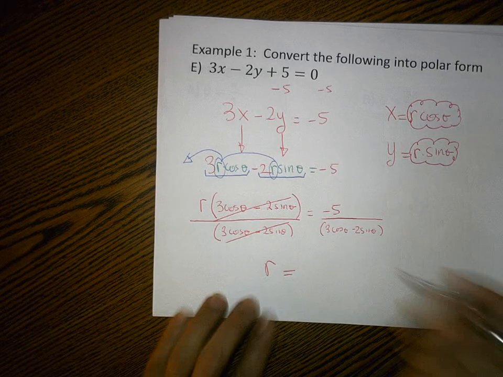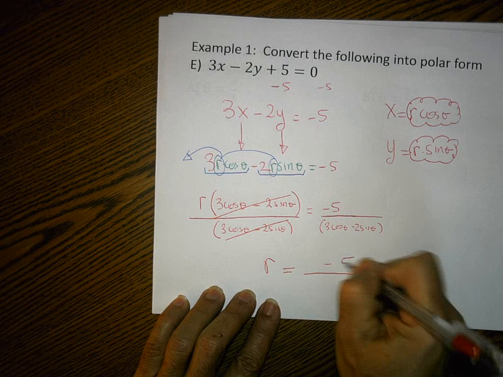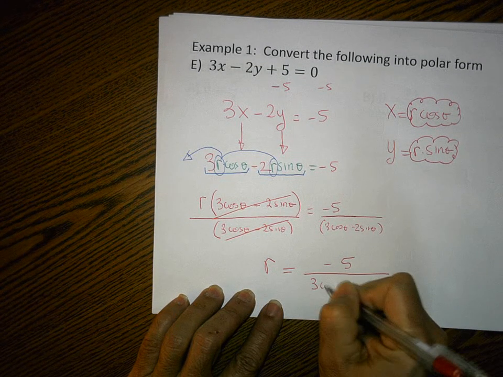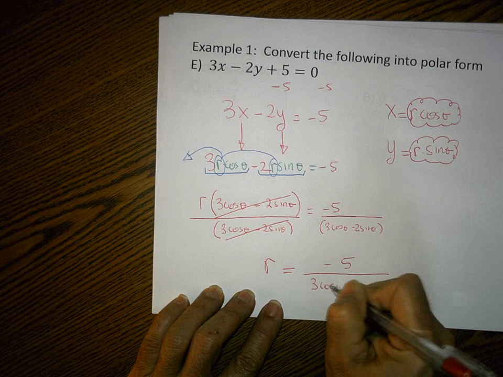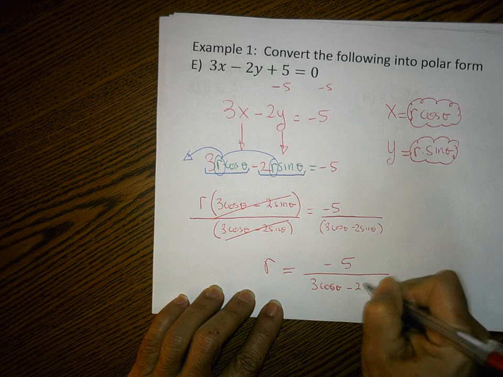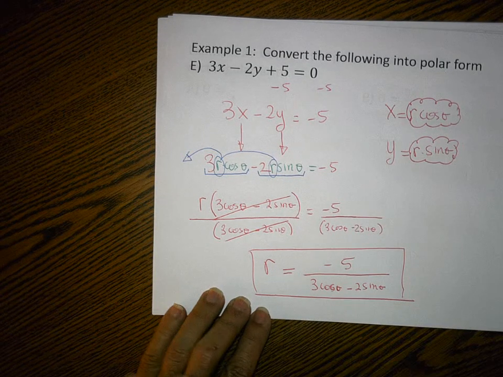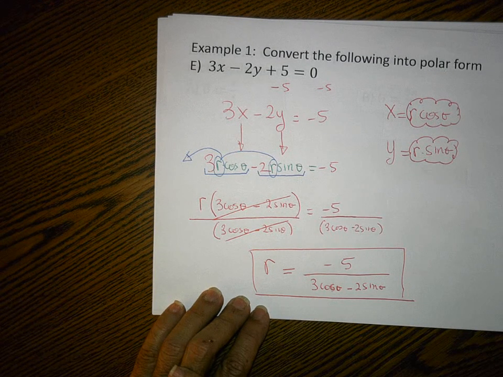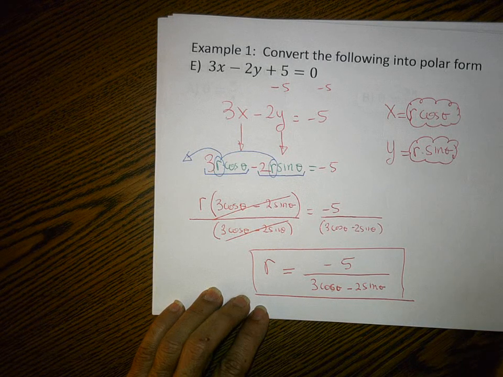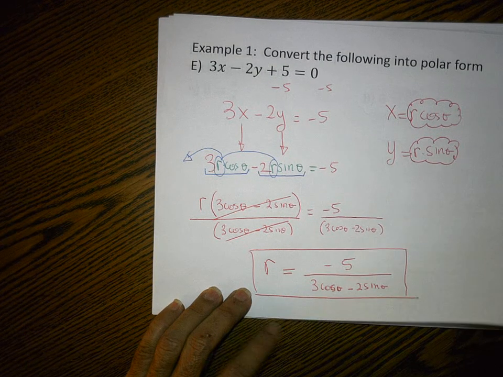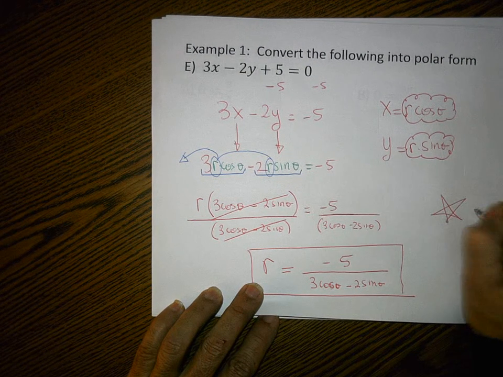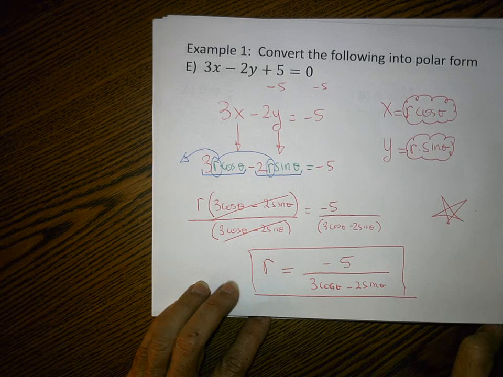So r equals negative 5 over 3 cosine theta minus 2 sine theta. And again, I was successful in getting my r by itself. You might want to rewind a little bit and repeat this because that is a nice test question.